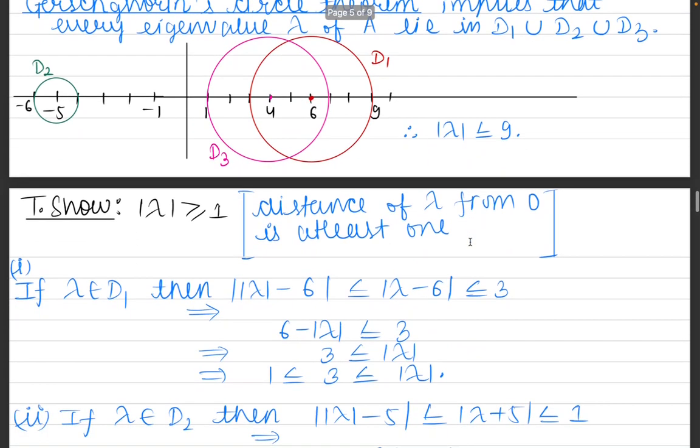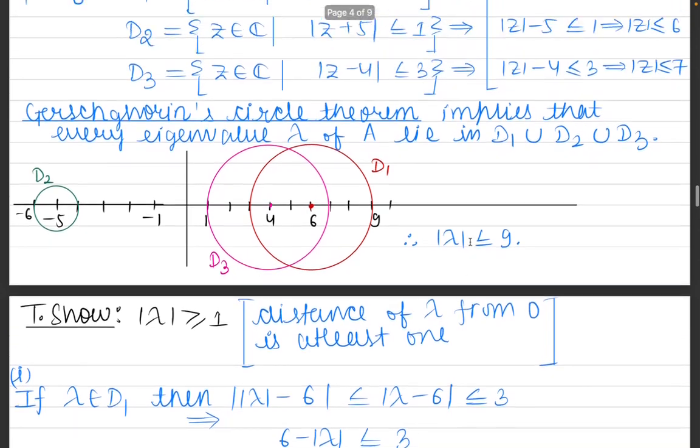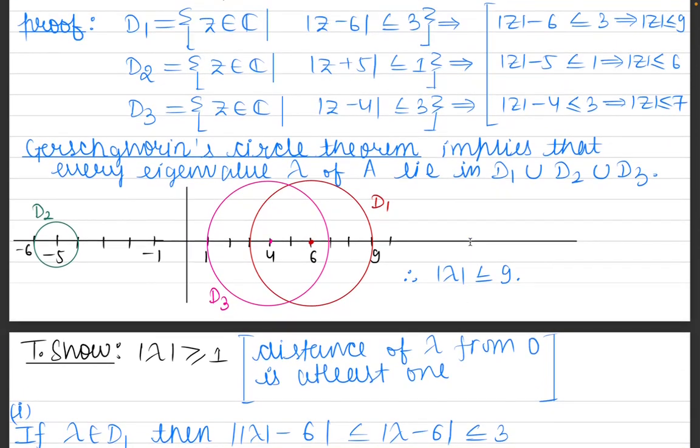If lambda belongs to it, this implies mod z is actually... you just use the reverse triangle inequality. So you will have mod z minus 6 is less than or equal to 3, and this will give you mod z less than or equal to 9.